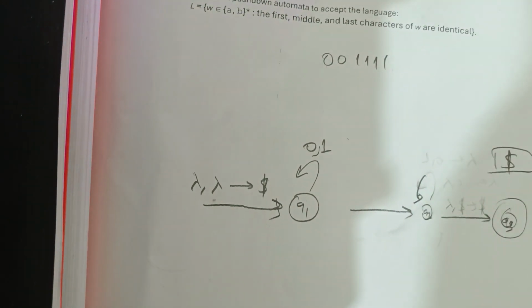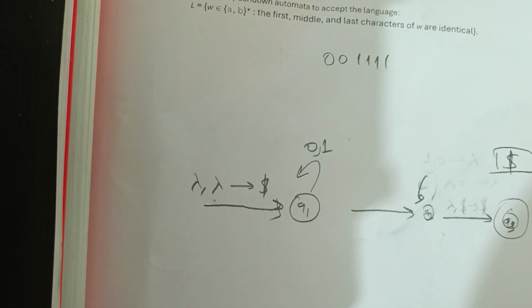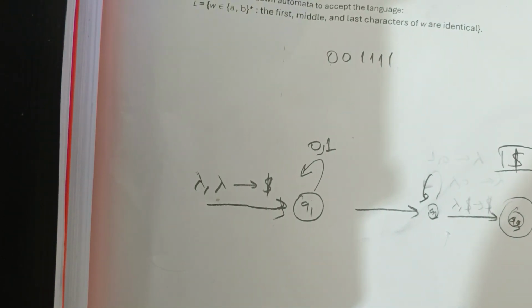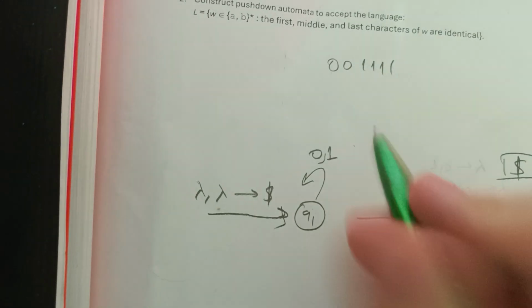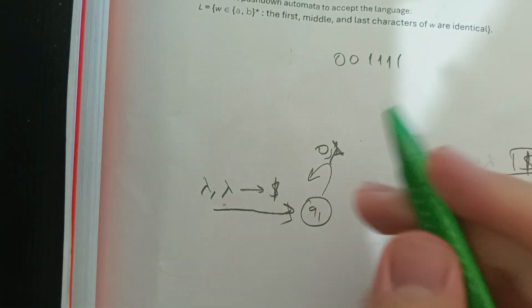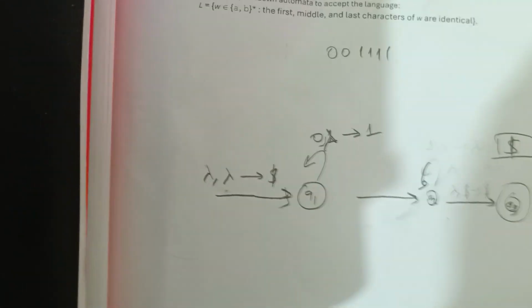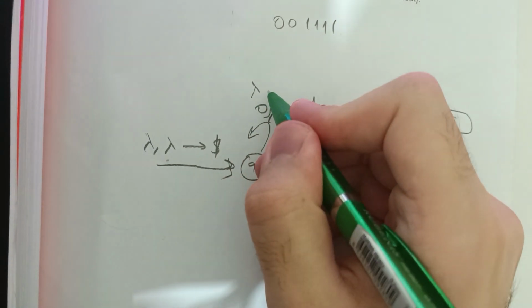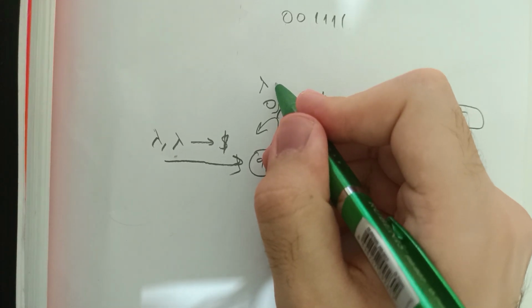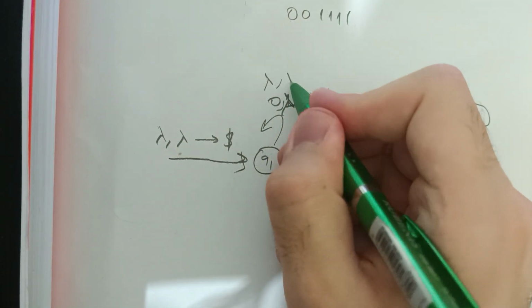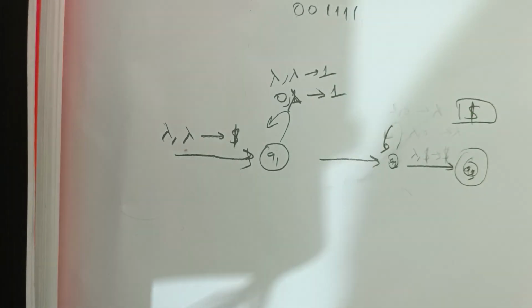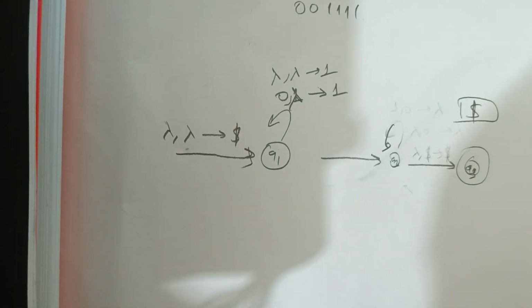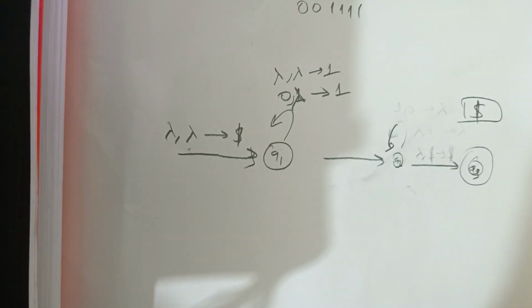But if you want to put something in a queue, we should say lambda, it's empty string, goes to 1, and if you read the empty string, it should put 1. If it is double, we should put more than 1, so that we can omit 1 by 1.